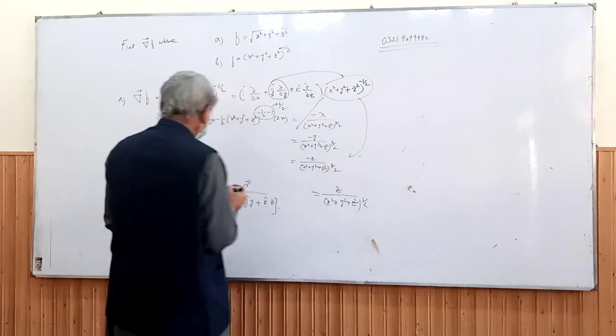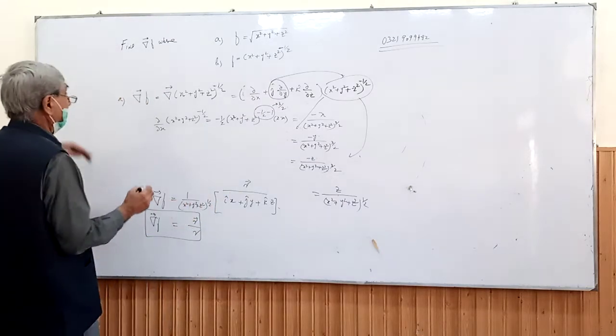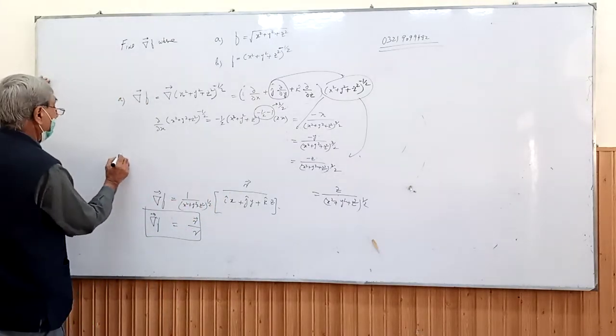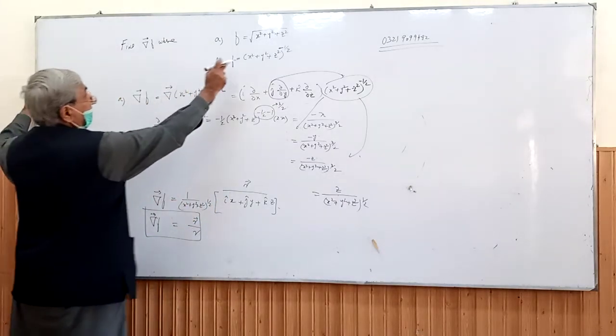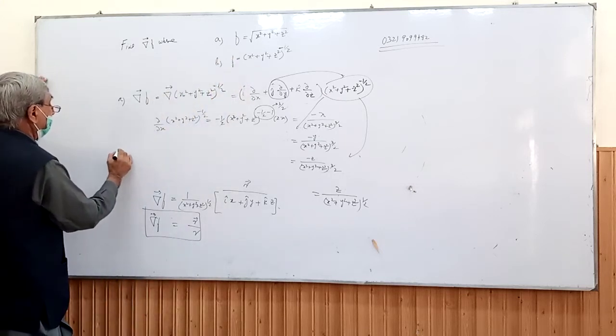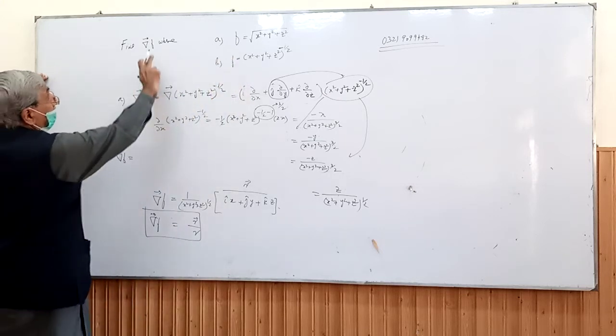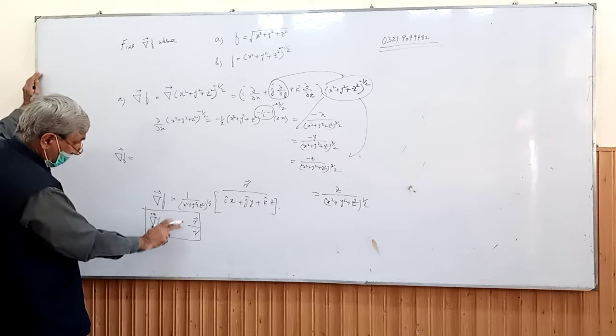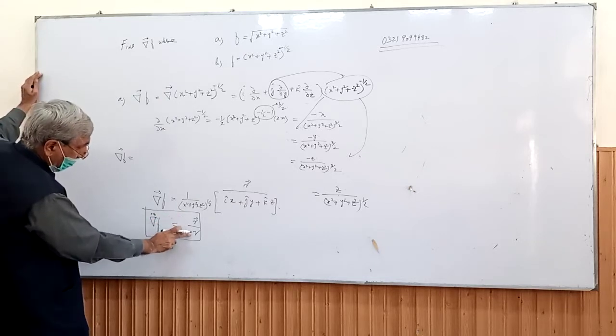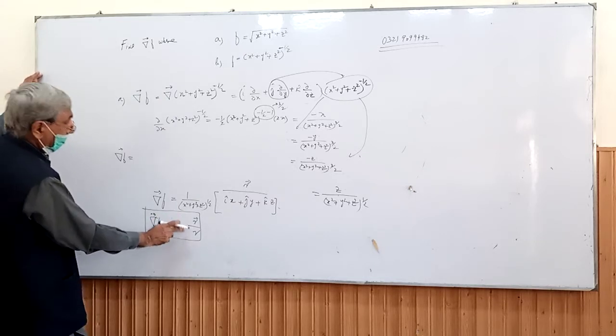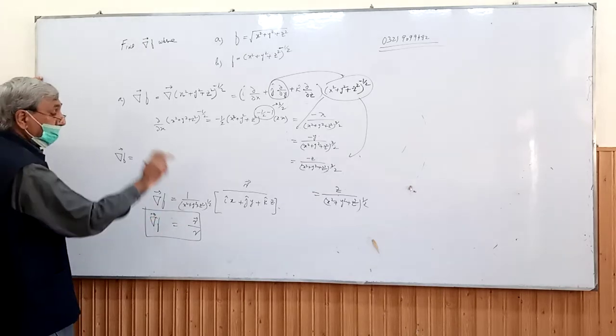Now the next thing is to add them. Okay, so del f, where f is now this, is equal to this, and this will become a vector quantity. You see, the first is also a vector. Vector divided by its magnitude, which is a scalar. And this is a unit vector.